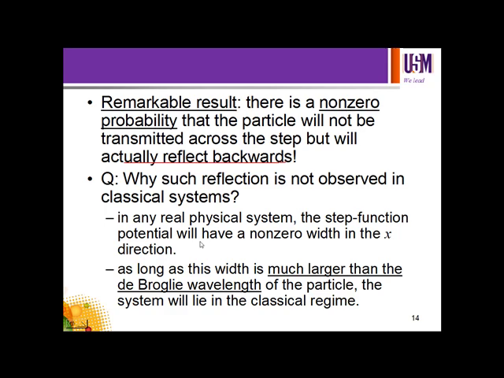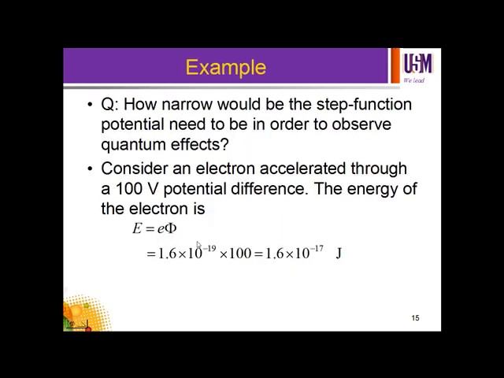So if the width of V naught is much larger than the de Broglie wavelength, the system is still valid if you use classical mechanics. That means the particle should go on and on without being reflected back. That's why we always say that the classical system is the limit of the quantum mechanical system. The quantum mechanical system basically covers everything.